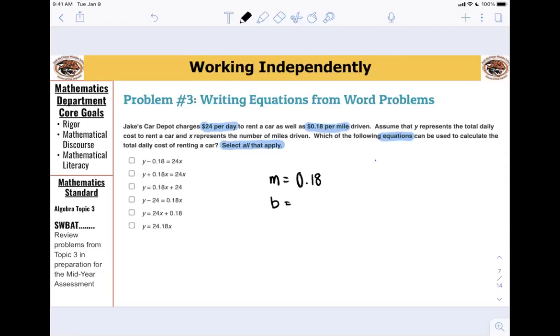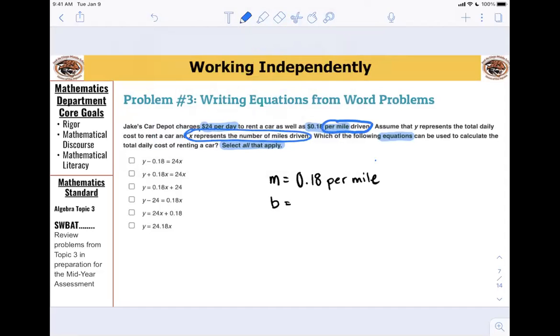Najara, can you explain how you figured that out? Because I really like the way you did it. In the word problem, it already gives you the X and the Y. And it says X represents the number of miles driven. And in the first sentence, it says 18 cents per mile driven. Good.